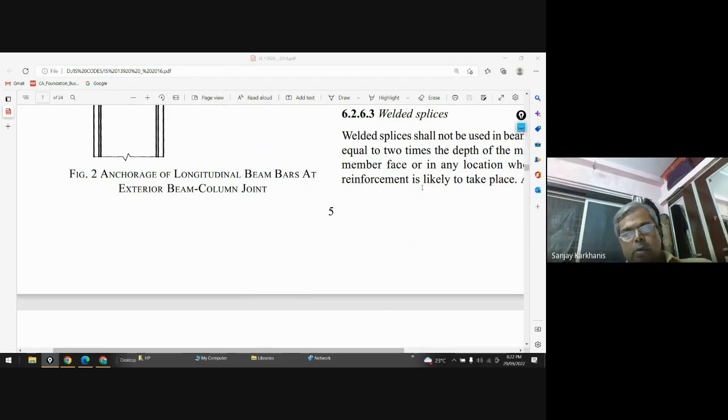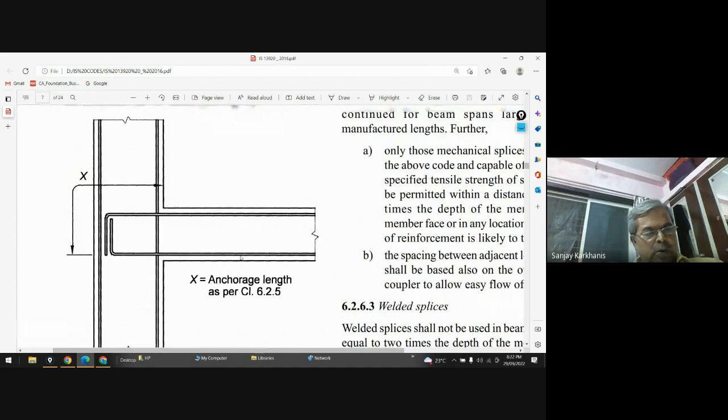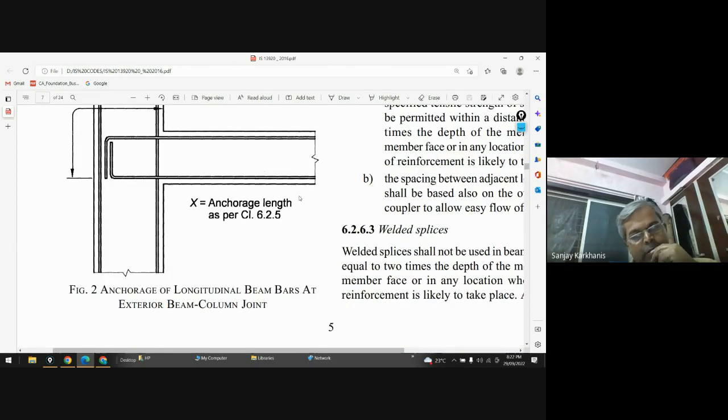That is why the code is giving you the warning not to go for slender beams and slender column sizes, 200 by 1000 or so. Accordingly provide the cross-sectional sizes properly so that you will not be in trouble when you want to find out this detailing, right?